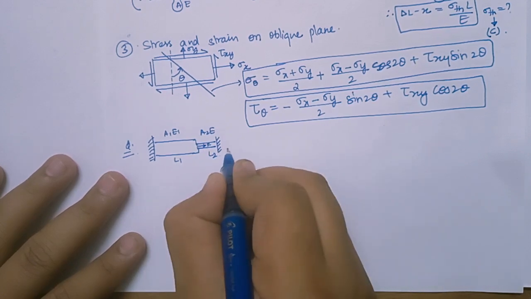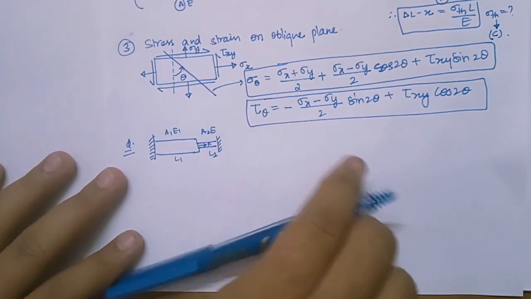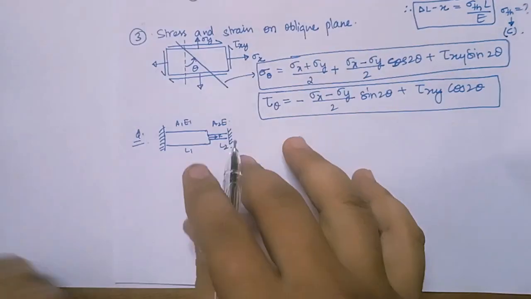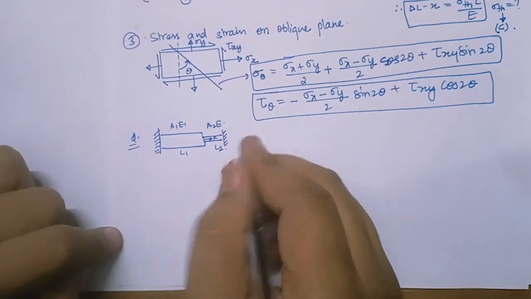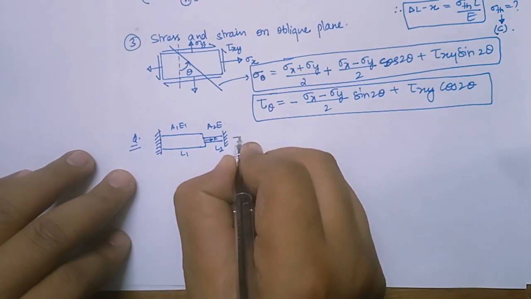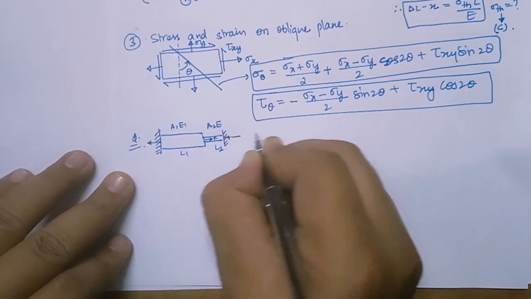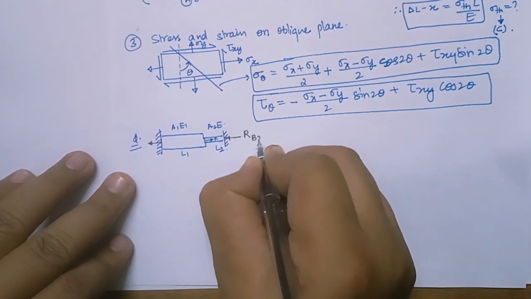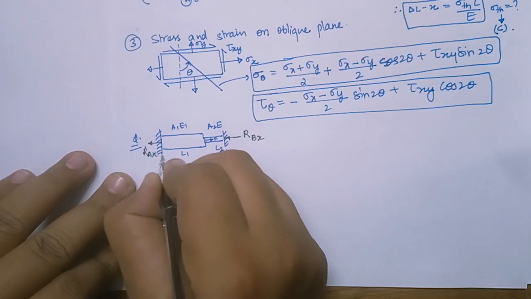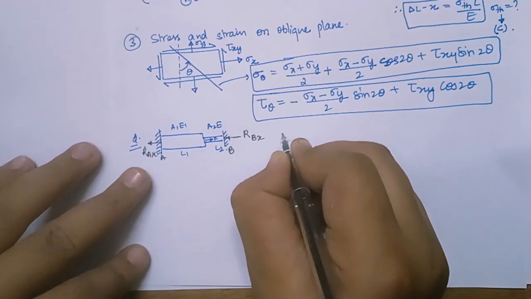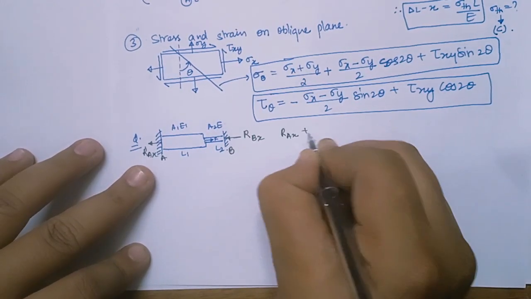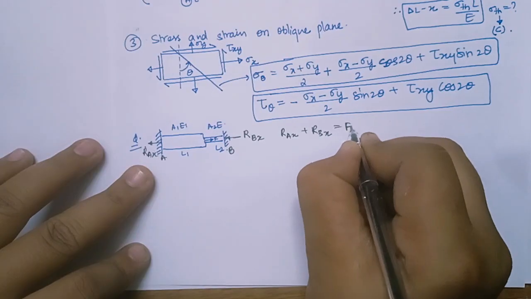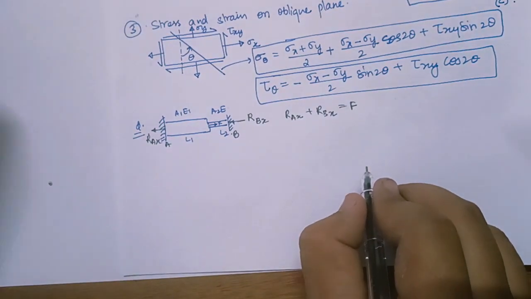So for support reactions, I'll apply a reaction here. Let us consider reaction in this direction, RBX, RAX, this is point A, this is point B, right? So simply what I'm getting, RAX plus RBX is equal to F, right?